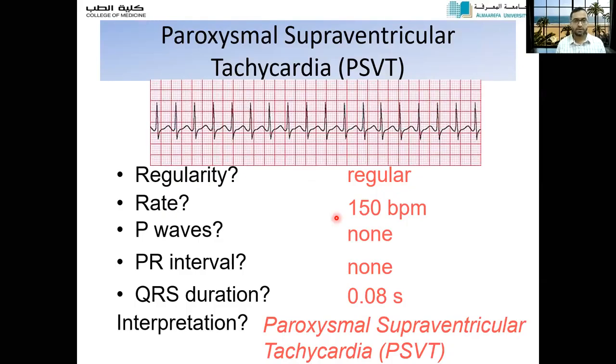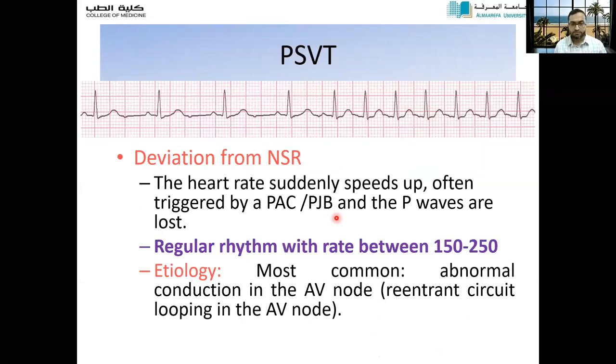PSVT, paroxysmal supraventricular tachycardia. And just as I told you before, even premature atrial contractions can sometimes precede paroxysmal supraventricular tachycardia. Normally here the heart rate is between 150 beats per minute and 250 beats per minute.